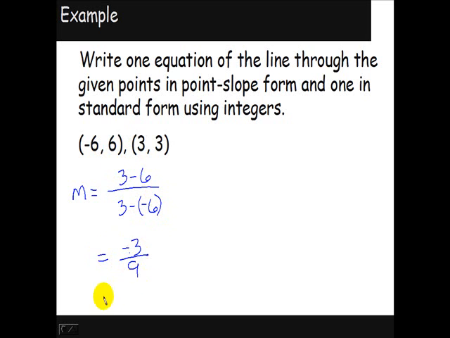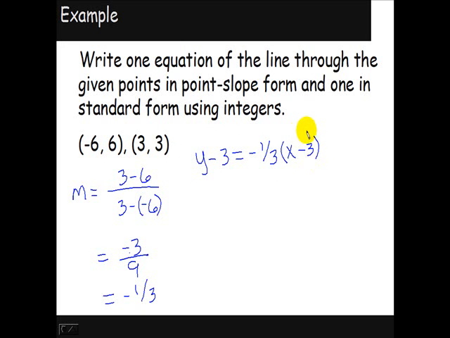That'll reduce to negative 1/3. So my slope is negative 1/3. Let's use the point with all positives in it. So we'll go y minus 3 equals negative 1/3 times the quantity x minus 3. And there's our point slope form.